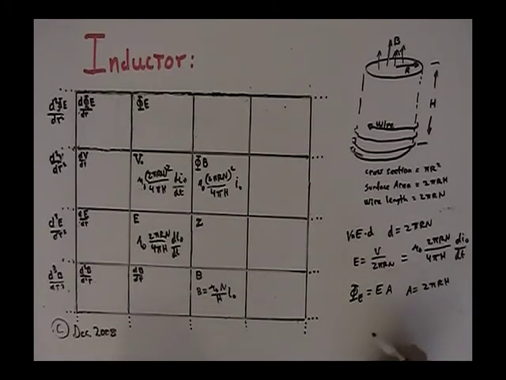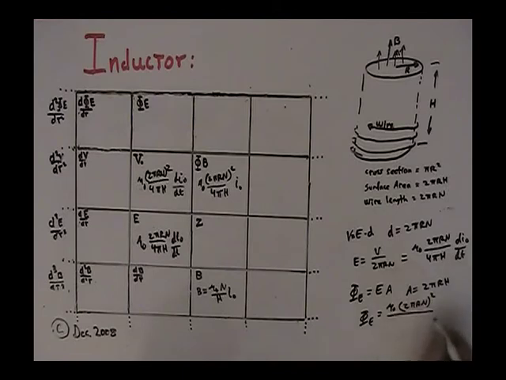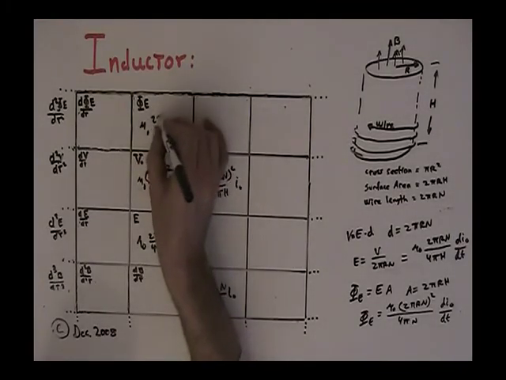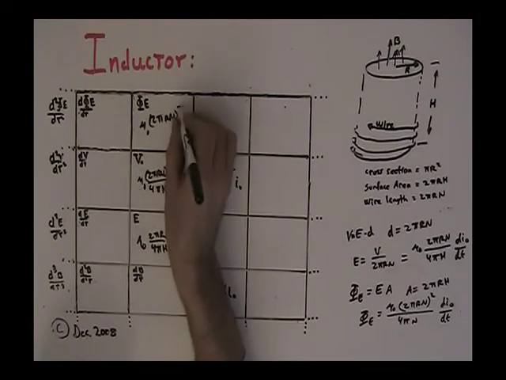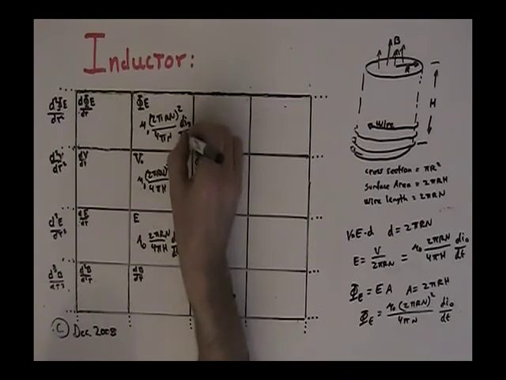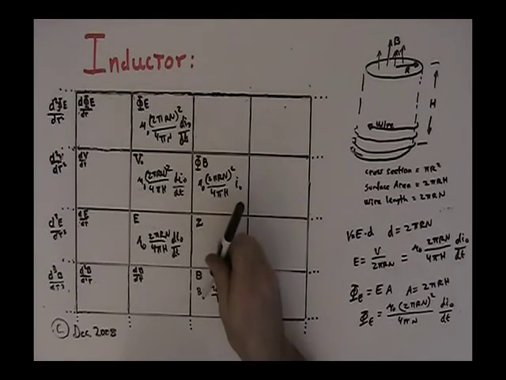So these use dI naught dt, this one will have I naught, this one will have q naught, and this one will have the second derivative of I. And otherwise it's the same constant, mu naught 2 pi rn squared over 4 pi n. And that constant also carries over here. In this row, this constant carries over everywhere.